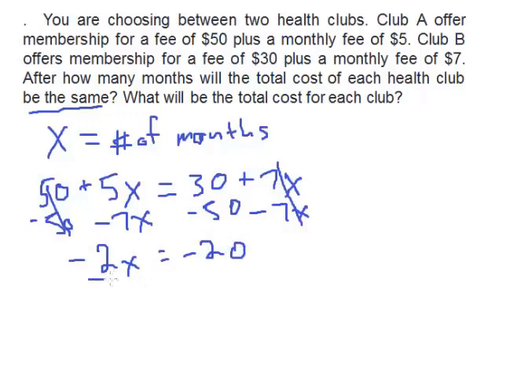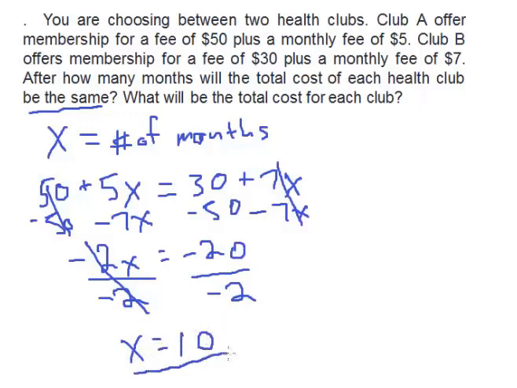And then to get x by itself, you can divide by negative 2. That will cancel, because that's the same as being multiplied by the x. Divide by negative 2. And x equals negative 20 divided by negative 2. A negative divided by a negative is a positive, and 20 divided by 2 is 10, so you have x equals 10. We haven't totally answered the question, so x is the number of months, that's 10, okay, that's our answer to the first question.